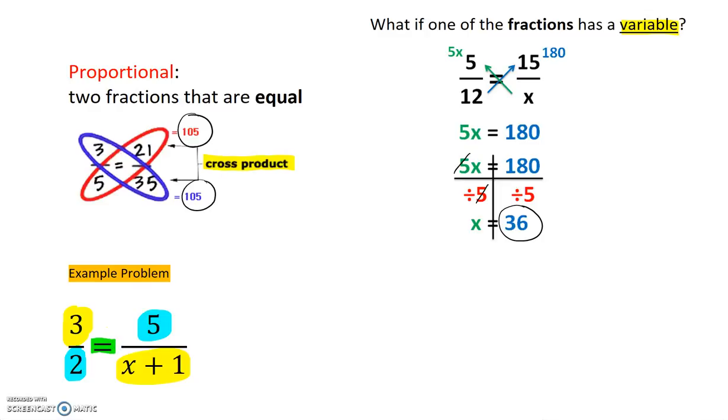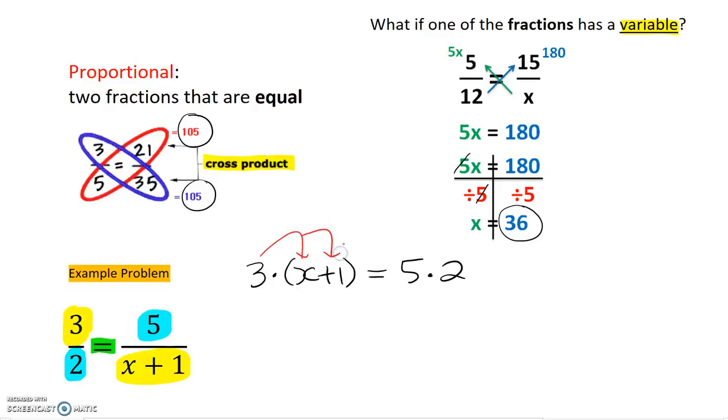So we're going to have 3 times (x plus 1), and I'm going to put this in parentheses, and you'll see why, equals 5 times 2. Anytime we have a number outside of parentheses, first we see if we can combine the terms, and we cannot. Because we cannot, we fall back on distribution. So 3 times x is 3x, 3 times 1 is 3, and over here we can do our multiplication.